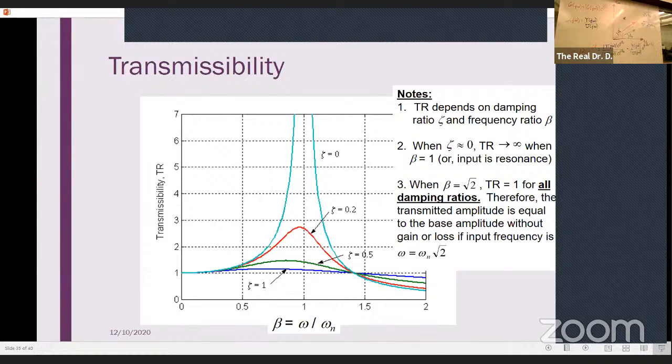Anything higher than that, and we are guaranteed to attenuate our vibration. We will have a fractional transmissibility. Anything lower than that, and we are guaranteed to amplify our vibration. We will never be under 1 unless we are to the right of √2, unless we are greater than √2.